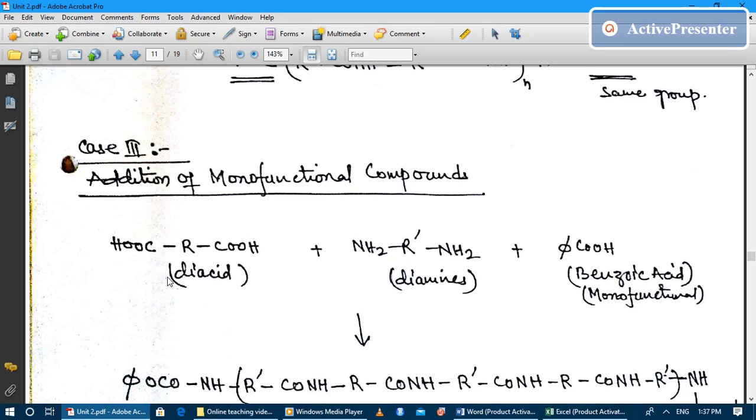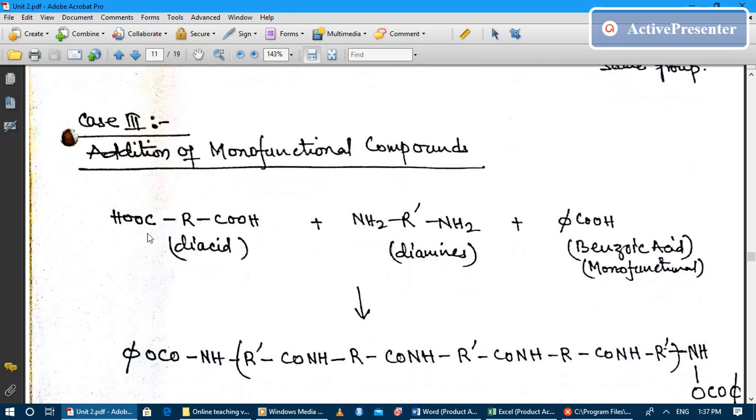For example, in the same example, this is the diacid, this is the diamine, and we are taking a monofunctional compound, benzoic acid. Benzoic acid is also having one carboxylic group. So this carboxylic group and this carboxylic group are the same.